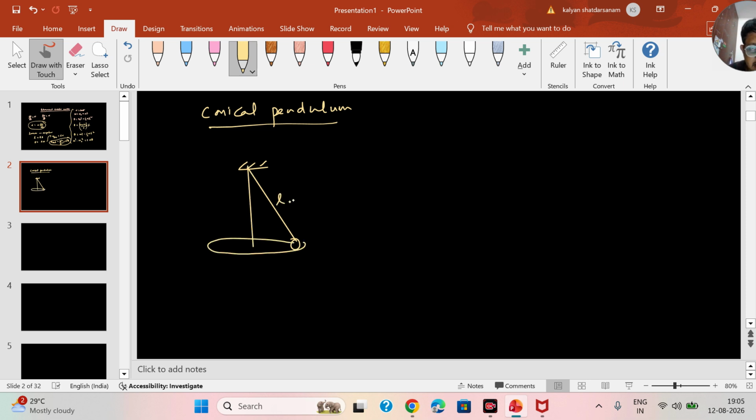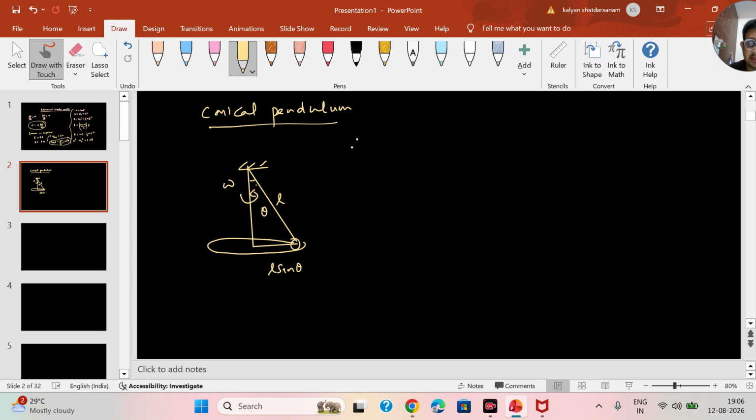This length is L, and you are giving an angular speed omega to this stone, and it goes in a certain circle whose radius is, if the angle is theta, L sine theta.